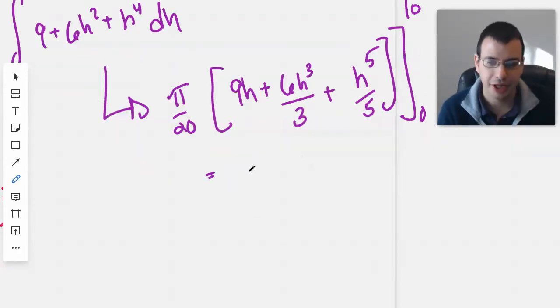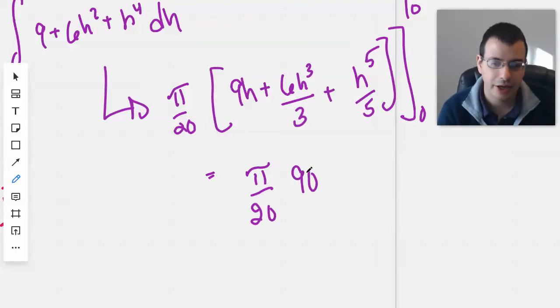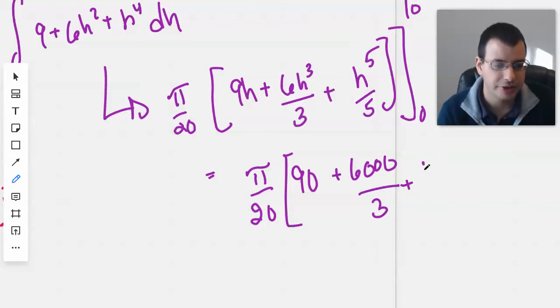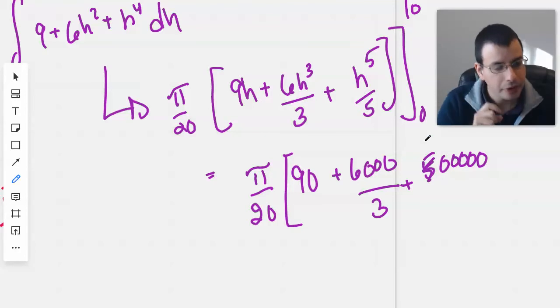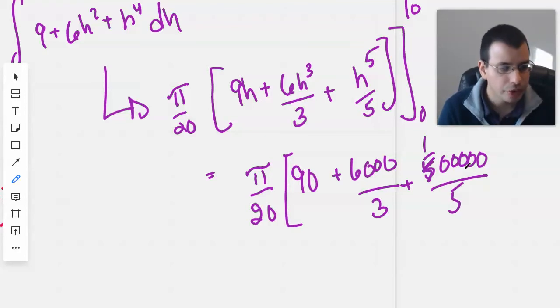Okay, writing this out a little bit more, we got pi over 20 times 90, plus 6,000 over 3, plus 100,000 over 5.